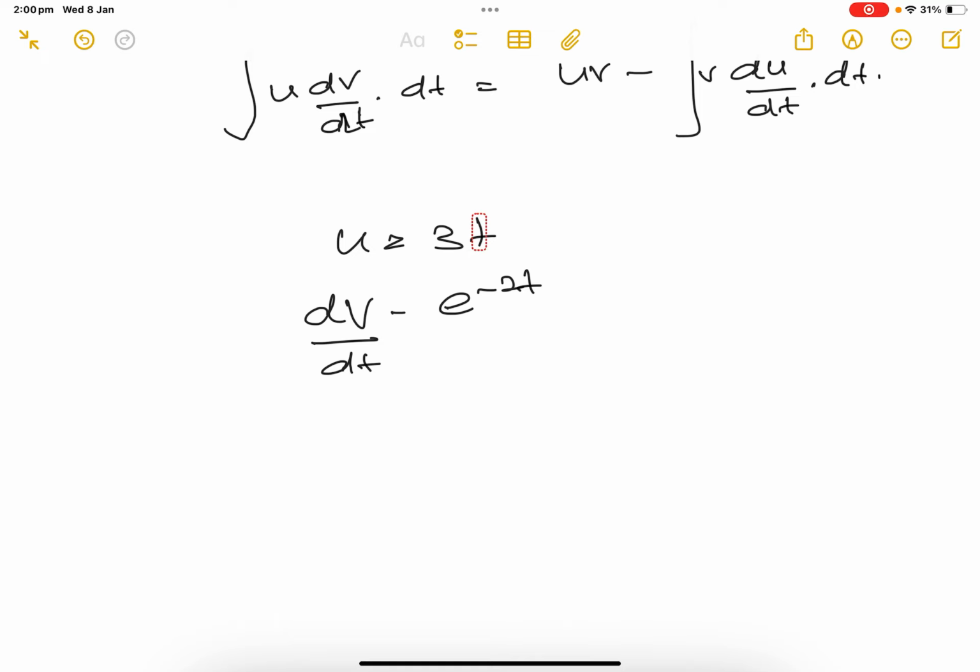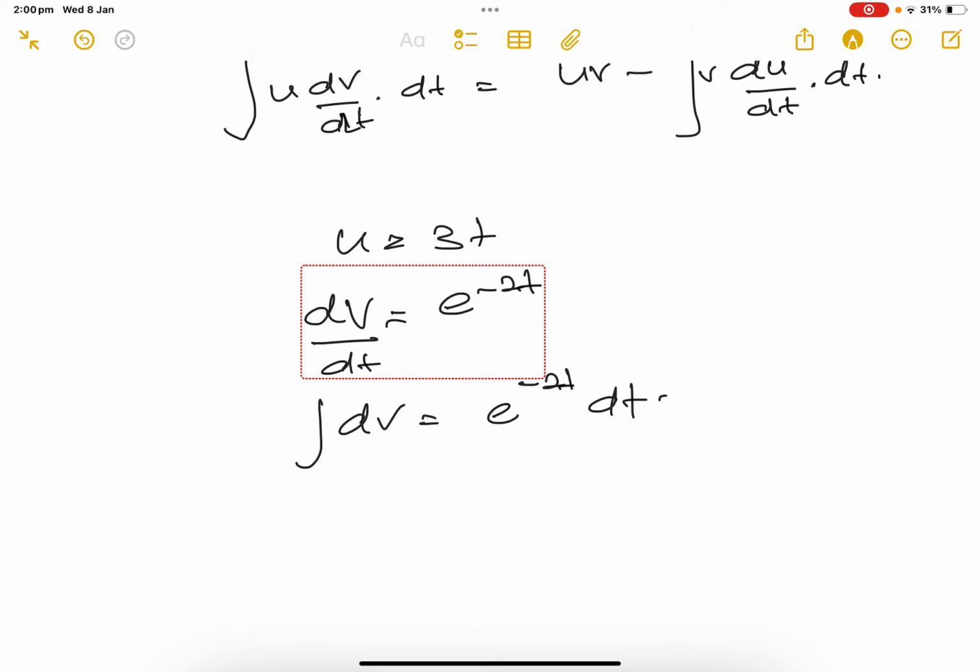So dv equals e to the minus 2t dt. If we integrate both sides, v equals e to the minus 2t divided by minus 2.